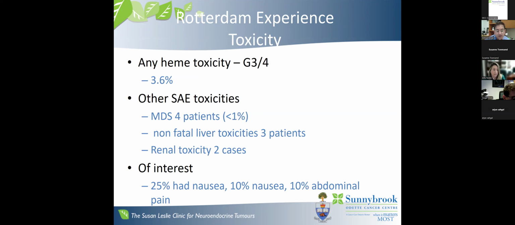Now, of interest, a fair number of their patients had nausea and vomiting, and this was our first indication that it was actually the amino acids that are being given for renal toxicity prevention that were causing this nausea and vomiting. And in fact, I had gone down and did some work in Australia early on, seeing how they were doing radioligand therapy at Peter Mac, and it was very interesting to see.